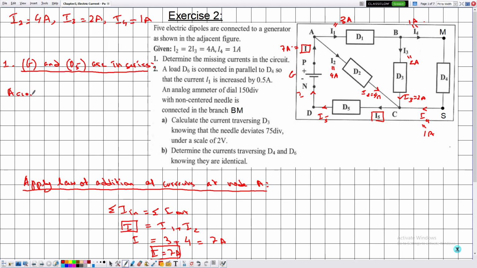According to the law of uniqueness of currents, they are traversed by the same current.